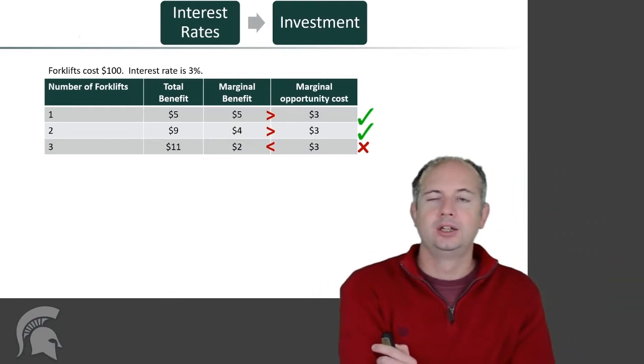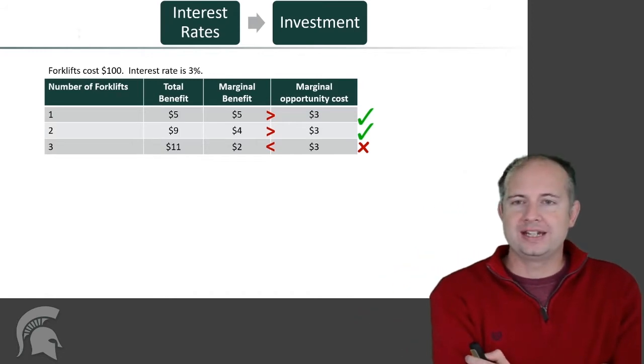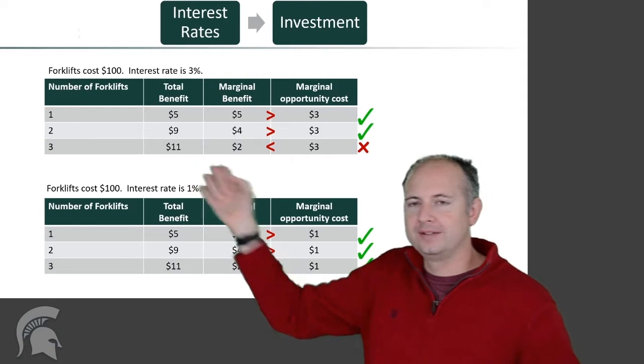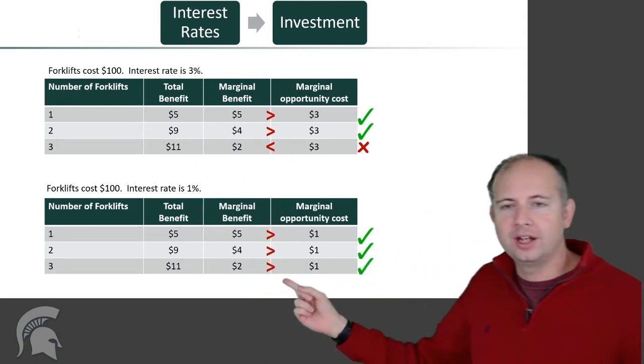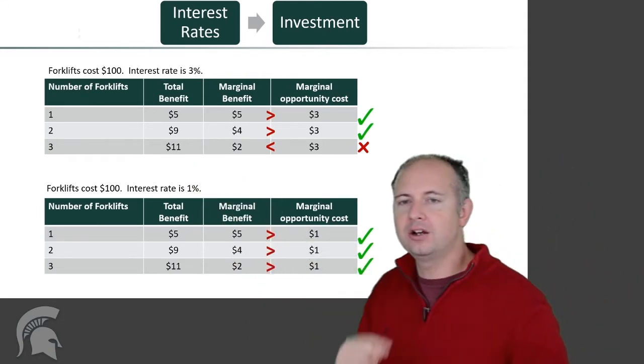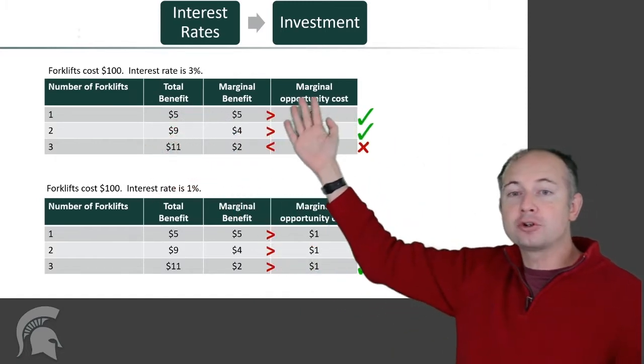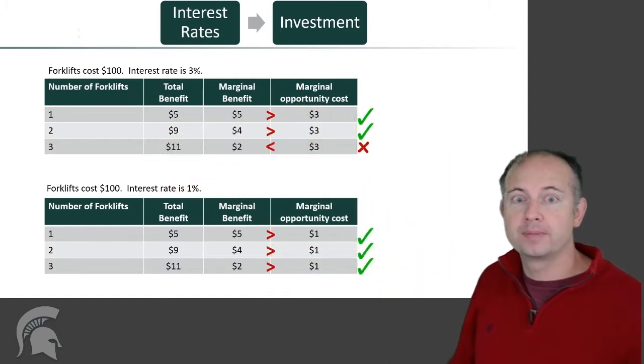Okay. What if the interest rate went down? So what if the interest rate goes down to 1%? Well, then we can look at that third forklift. Everything is the same on this side. The only thing that changed is the opportunity cost of borrowing money.